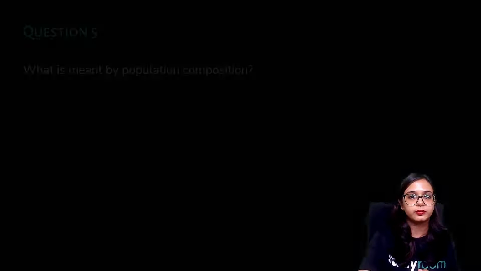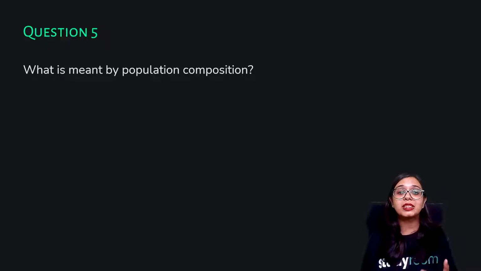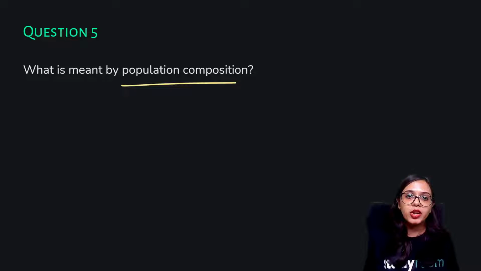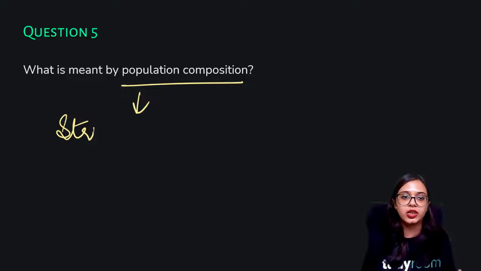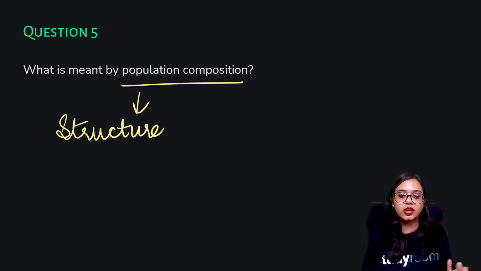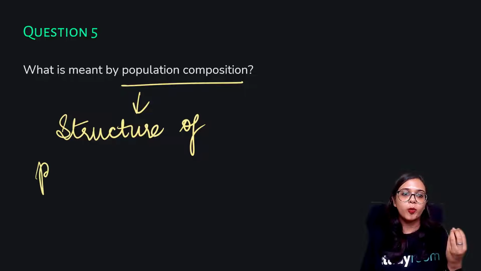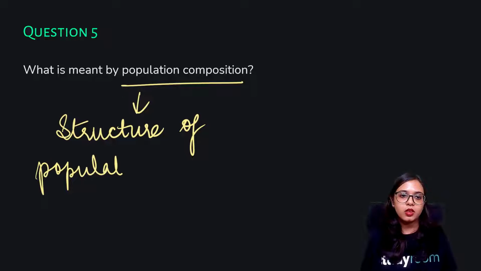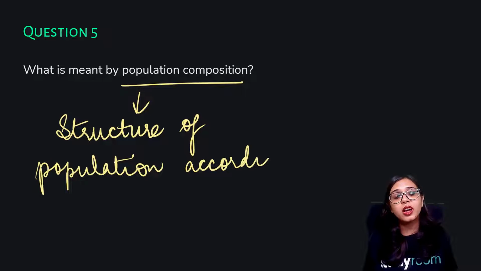Okay, then what is meant by population composition? So population composition is actually dividing the composition structurally. So you can say the structural description, the illustration of population according to various factors. What are the various factors?